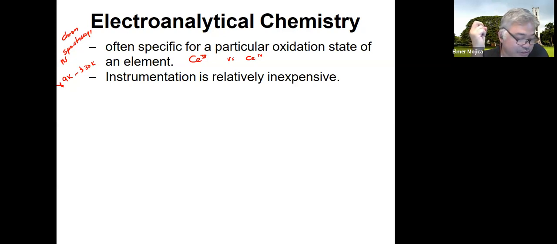Compared, let's say, with spectroscopic methods. Okay, I have a proposal for a Raman that costs $50K. The high end is around $150K. And the last time I heard about UV-Vis, that's around $20K.